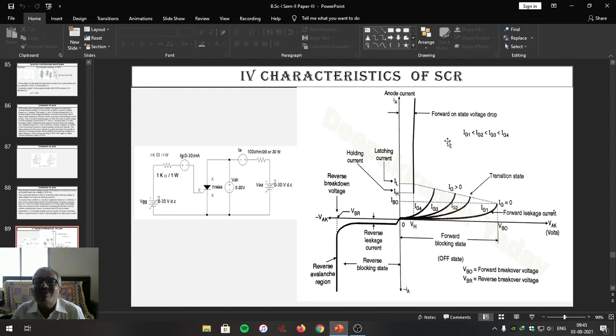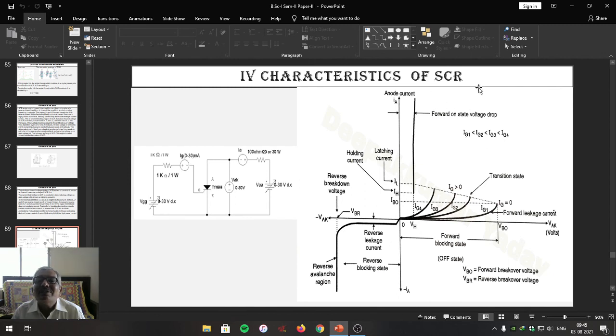That is the reason why SCR is called a silicon controlled rectifier. Rectifier, to convert alternating current into direct current. Controlled, depending upon the gate current, just as we have studied. If the gate current is less, the anode current is less, and power is less. If the gate current is more, the anode current is more, and power is more. Accordingly we can call it a controlled device.